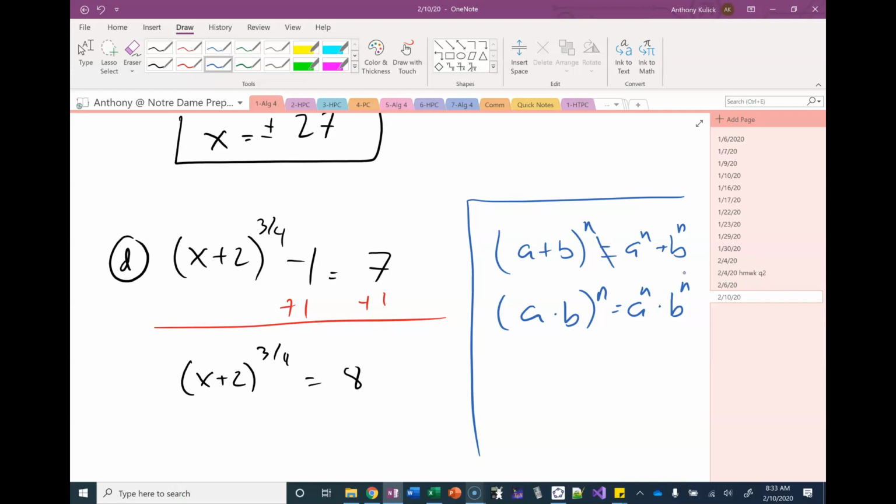That's fine. But a plus b to the n is not a to the n plus b to the n. This is bad. That's not true. Please, exponents do not distribute across addition and subtraction.